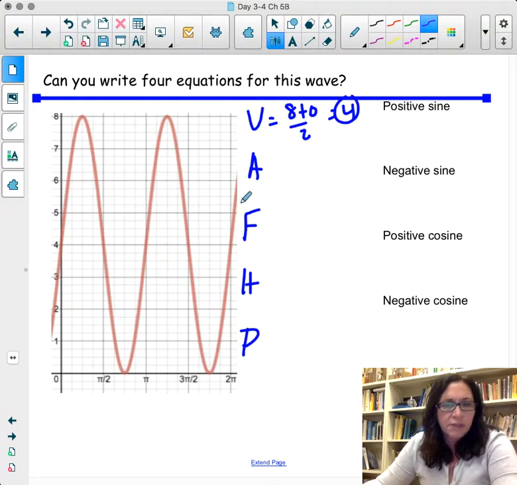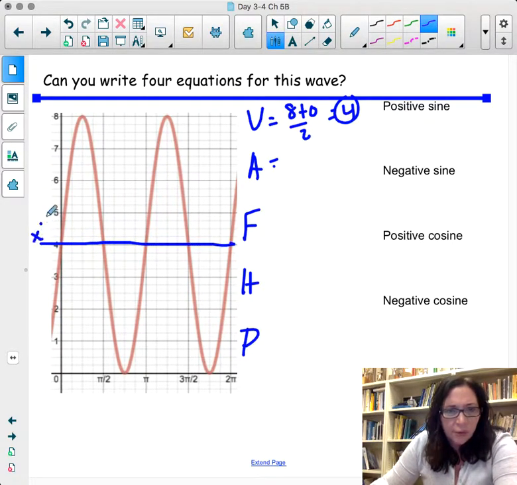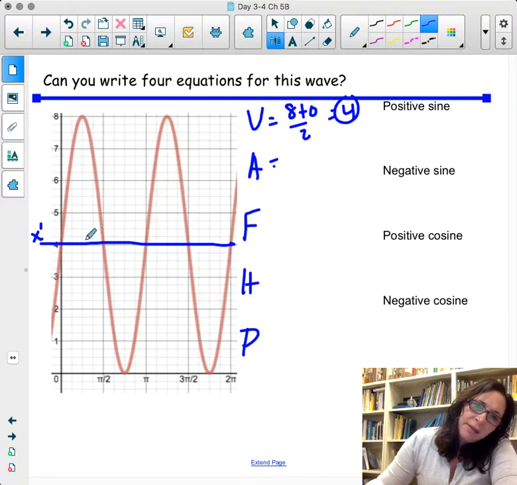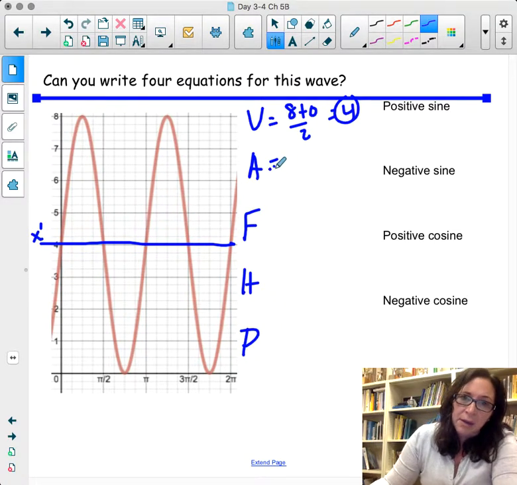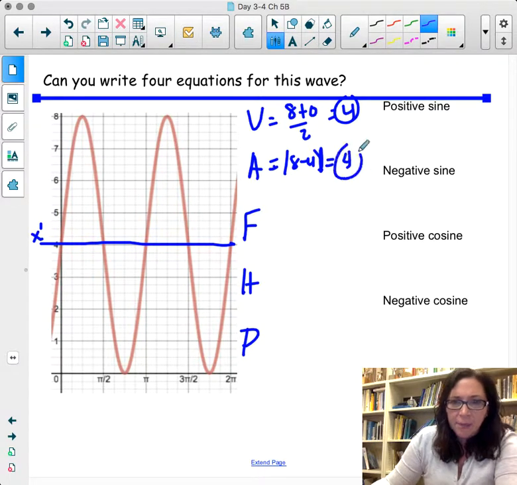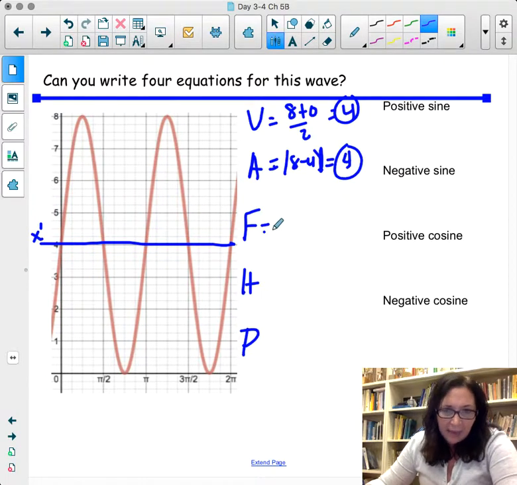So my vertical shift is 4. So that means this graph goes from here, that's my new sinusoidal axis, which means that the difference from here to here, 8 minus 4, or 4 minus 8, absolute value of 4 minus 8, right? So absolute value is going to be, what is it? 4. So my amplitude is also 4. I'm going to ignore my frequency till last.